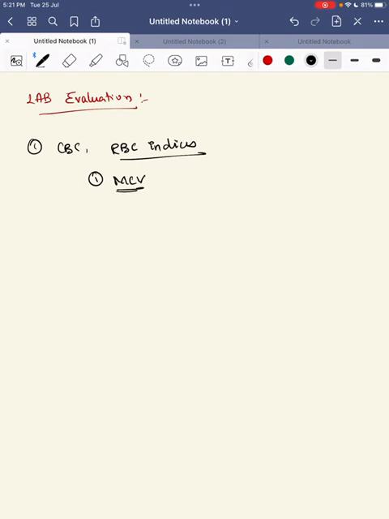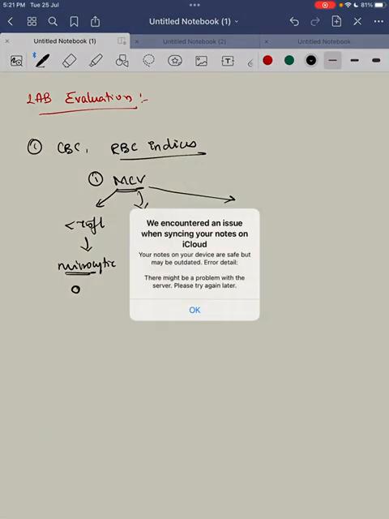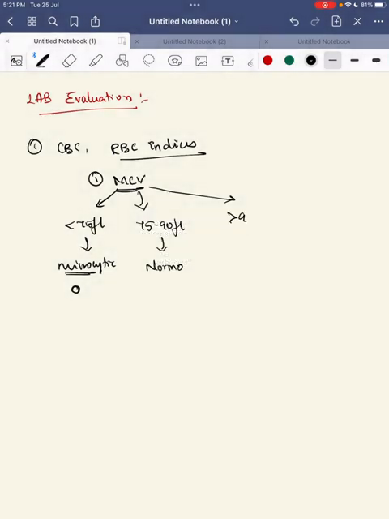So you have to take the MCV, that is mean corpuscular volume. When the MCV is less than 75 femtoliter, it is classified as microcytic anemia, meaning the size of the RBCs will be small. Next, when it is between 75 to 90, it is classified as normocytic. When it is more than 90 femtoliter, it is classified as macrocytic anemia.